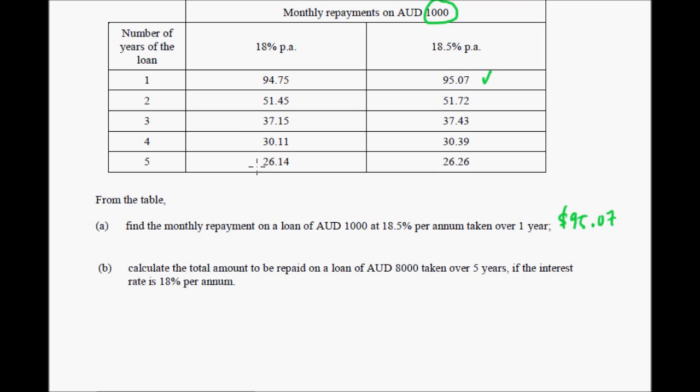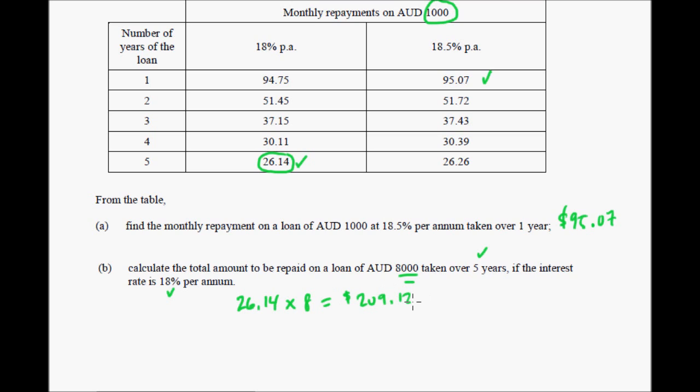So we use 5 years over 18%, and we're using this figure, but this is per 1,000, and they say the loan is 8,000. How many thousands do we have? We have 8 of them, right? So we just do 26.14 times 8, which is $209.12. That is your monthly payment.